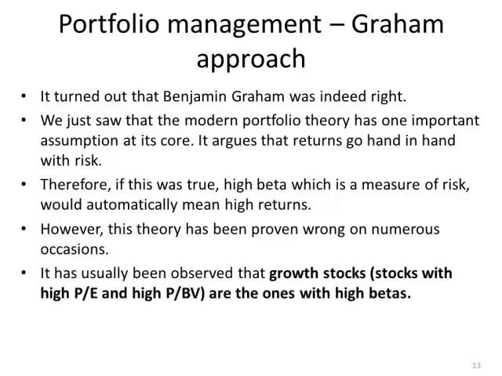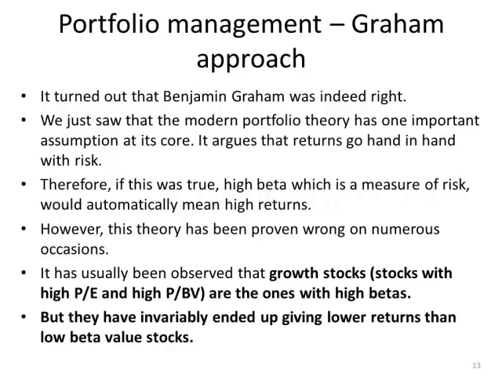One of the really important results in stock market analysis is that it has historically been observed that growth stocks are the ones with the high betas, right? So growth stocks are stocks with high PE ratios and high price to book value ratios. So it means that there's a lot of earnings growth priced into these stocks, right? These are also the stocks which have the high betas.